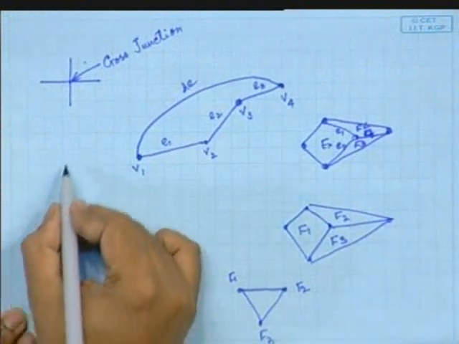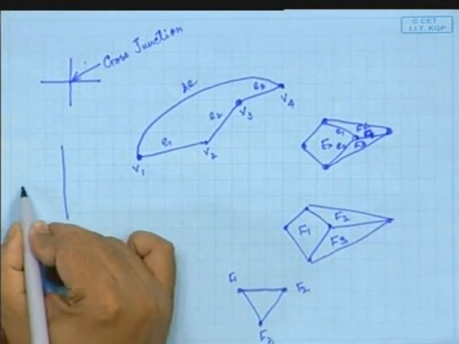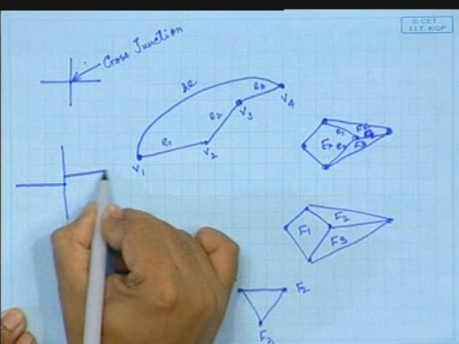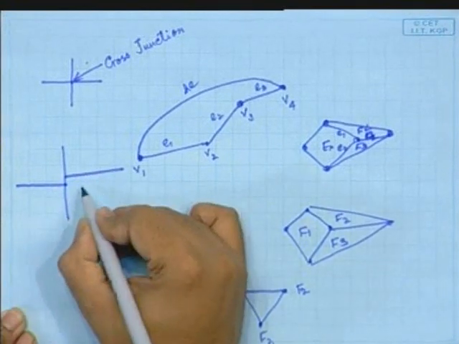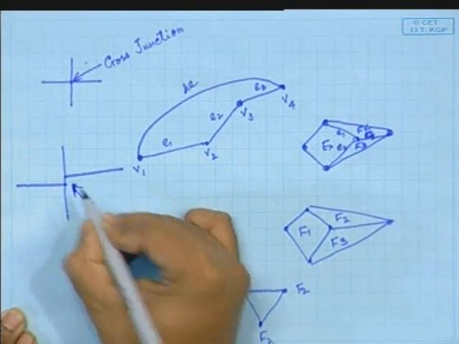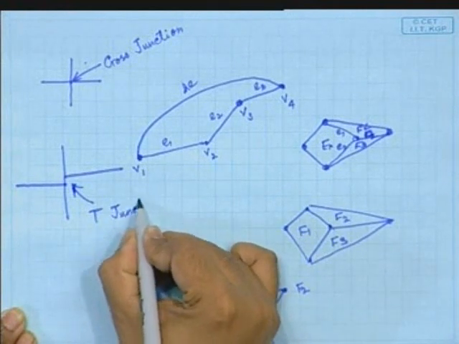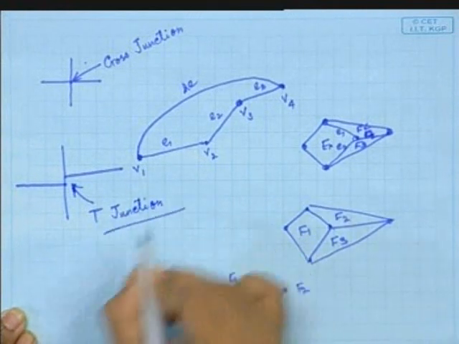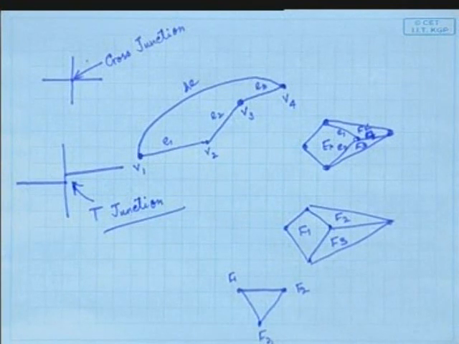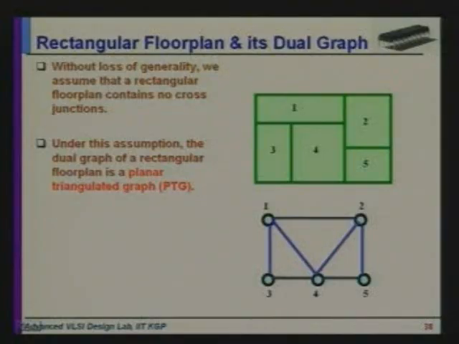If we have a cross junction, we change it to a T junction like this. This is a T junction. So a rectangular floor plan will have a planar triangulated graph.